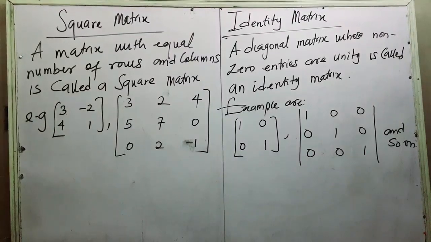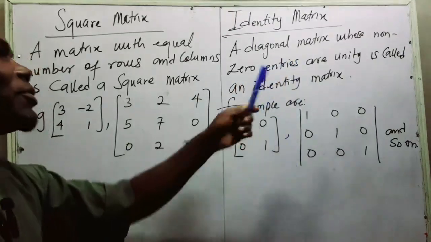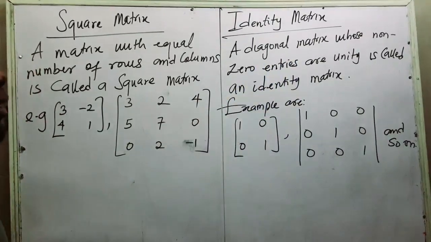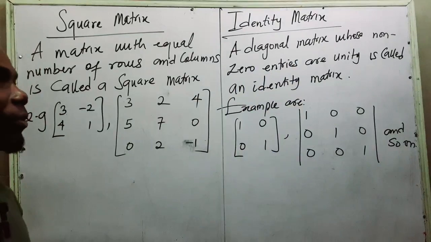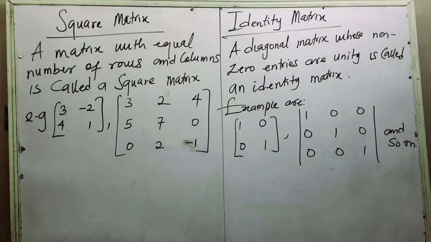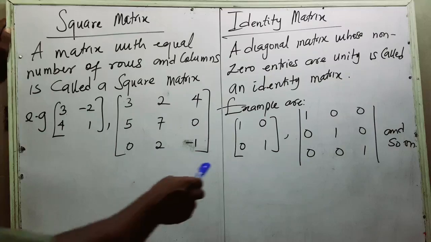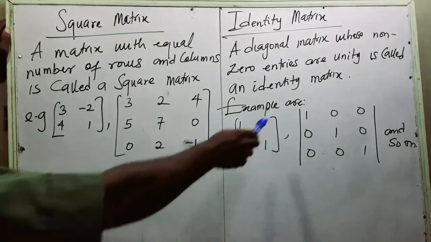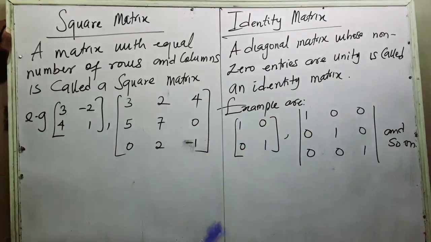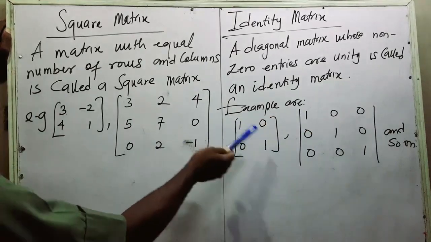The identity matrix. This is another type of matrix. A diagonal matrix whose non-zero entries are unity is called an identity matrix. What do you understand by unity? Unity means 1. So when we have unity, that is the number 1, in a 2 by 2 order, we are able to identify that this is 1, 1.